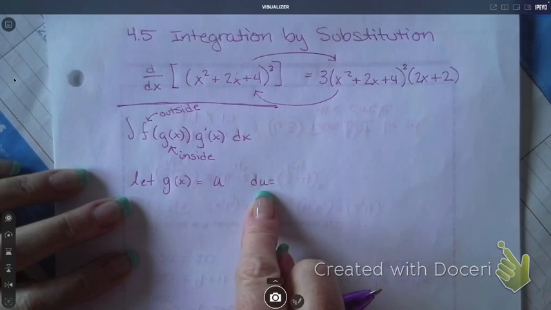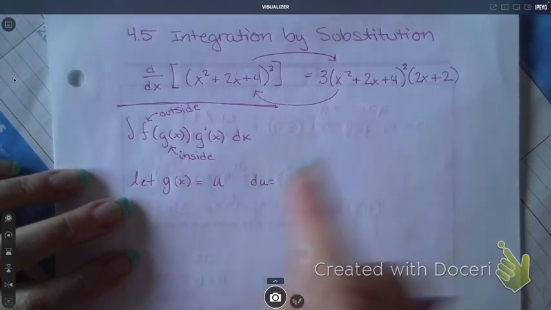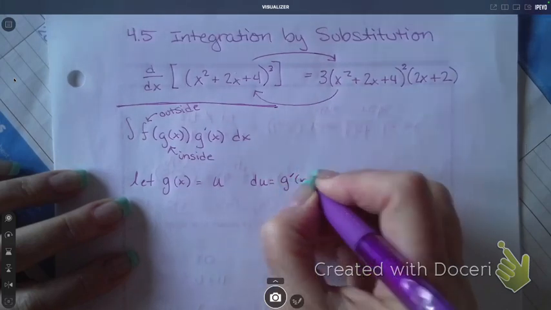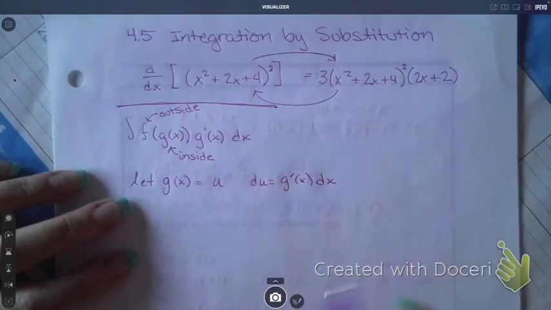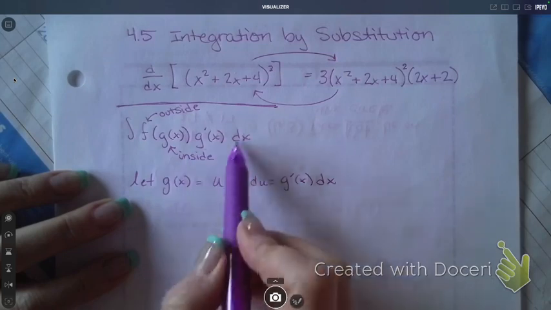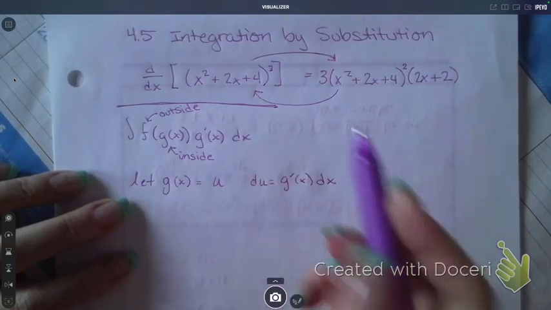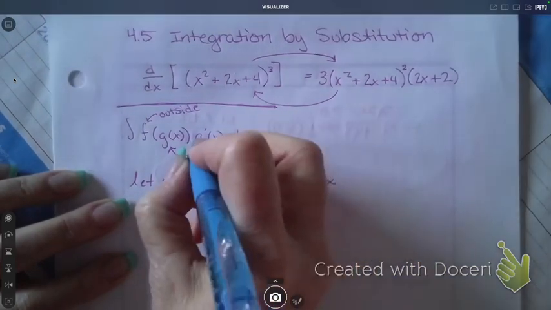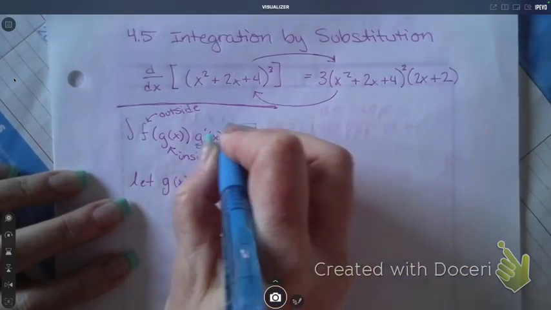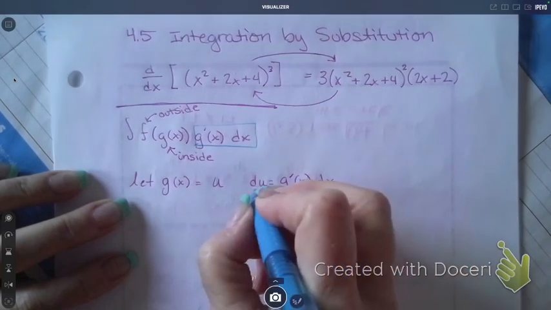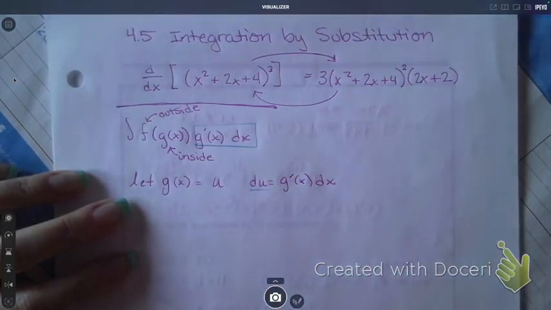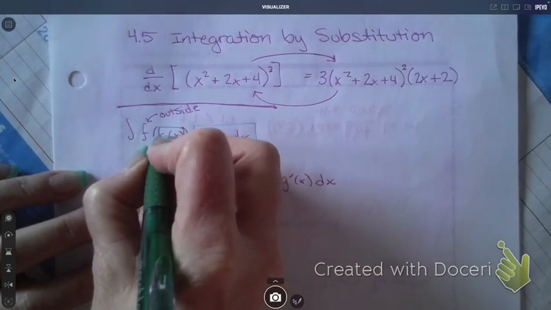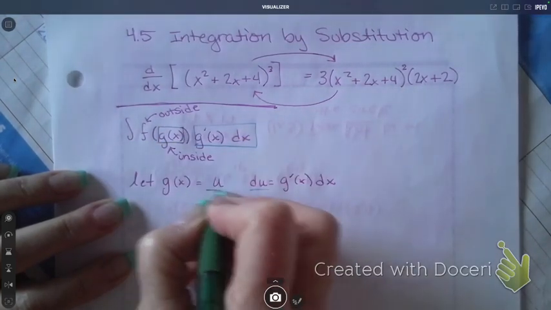Yes? So du is g prime of x dx. So if I look at this, I'm going to replace g prime of x dx with du, and I'm going to replace g of x with u.